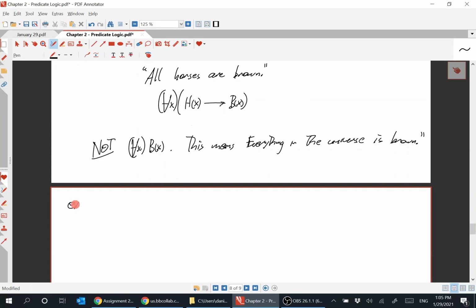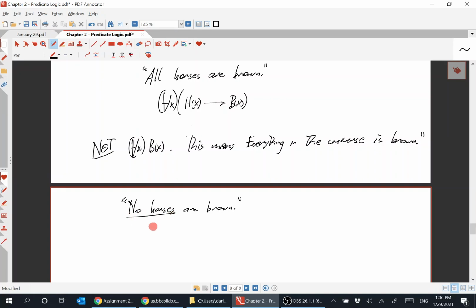What about something like this? No horses are brown. I'll do a separate example. As I was saying before, when you say no horses, or no numbers, or no students, no homes, no something, that's universal quantification. But it's universal quantification of a negative statement. So no horses are brown. Say it without the no in the subject.